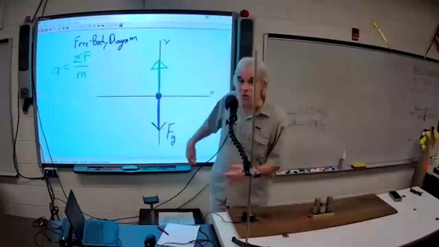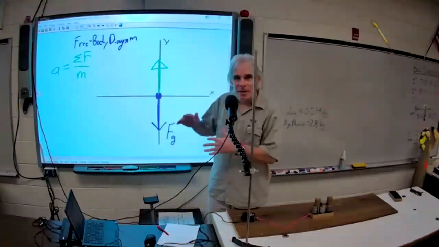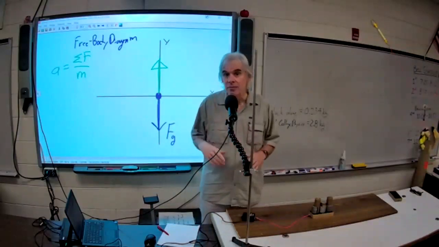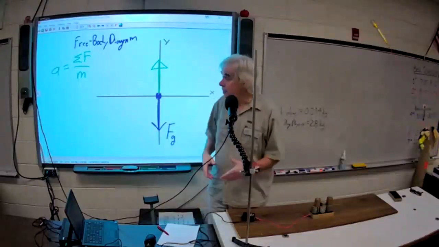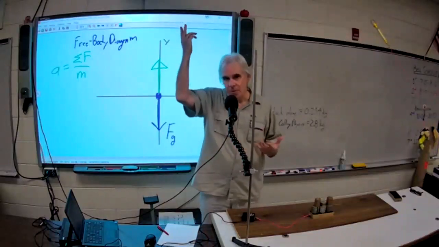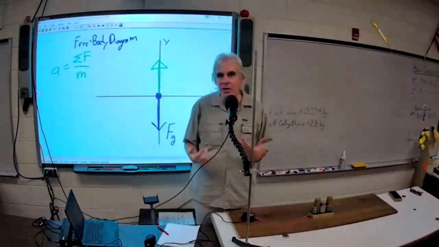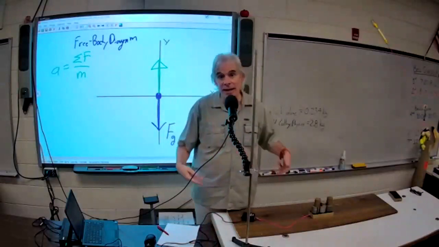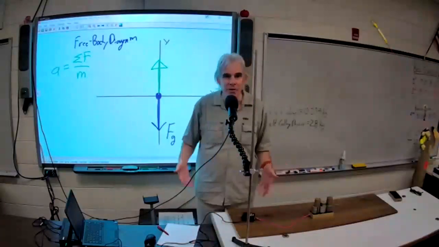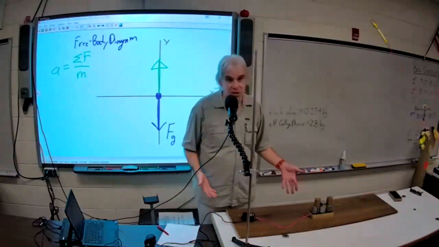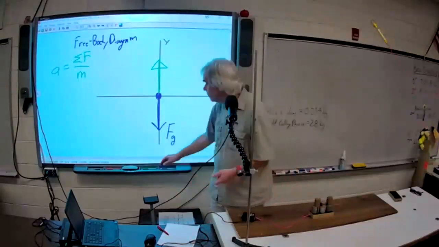I used a little smartboard trick there to make sure I drew them exactly the same length because they're supposed to be the same strength. One is positive, up, positive y direction. The other is negative, down, negative y direction. Together, they must be canceling out because this object is not accelerating.